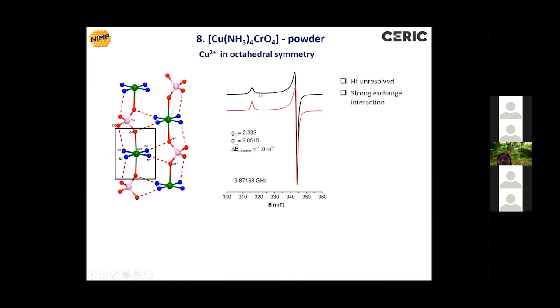We don't have a resolved hyperfine structure, and this is not because the lines are too broad, but because there is a very strong exchange interaction between the magnetic ions in this powder. There is also a chromium ion, and the other copper ions are at close distance.